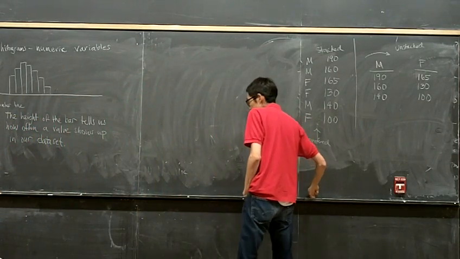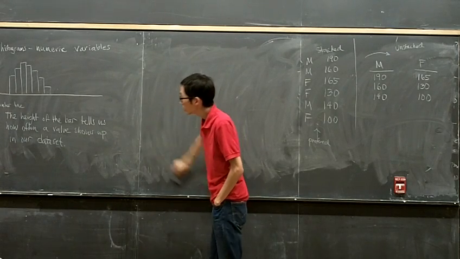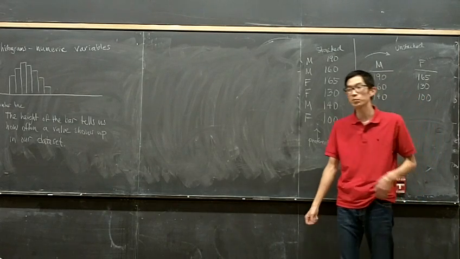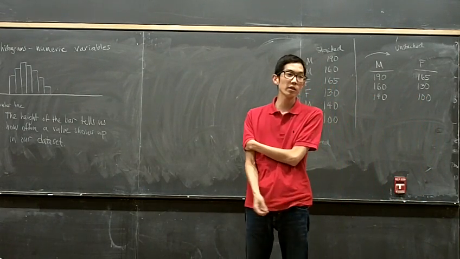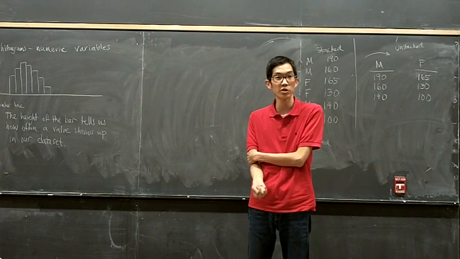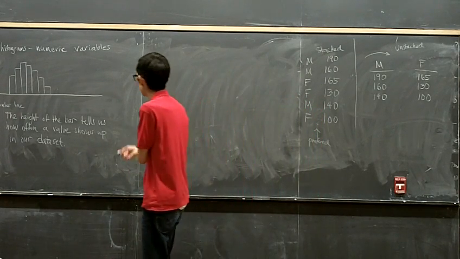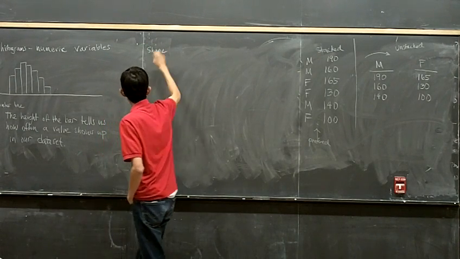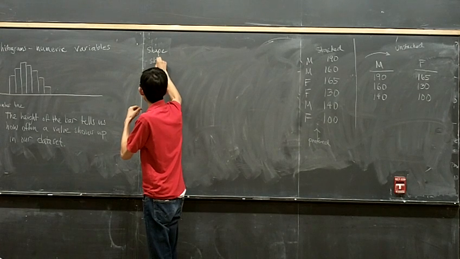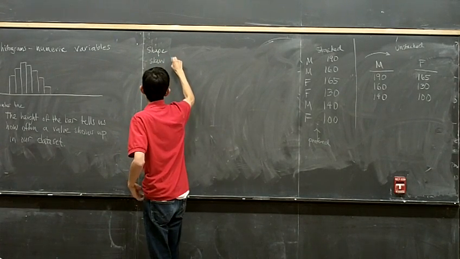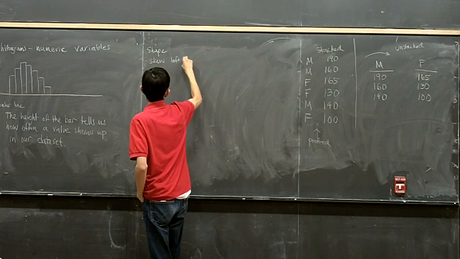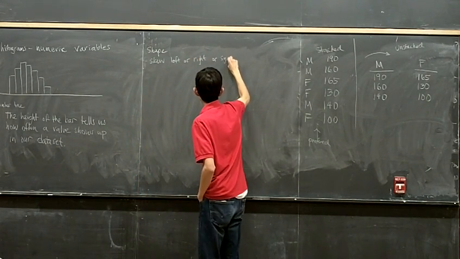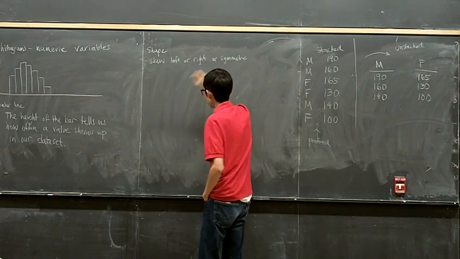And then when we're describing a numeric variable or a numeric distribution, what are the things we want to talk about when describing the shape? Which way it's skewed. So we want to say, is it skewed or symmetric? Skew left or right, or symmetric? And what's the other part?